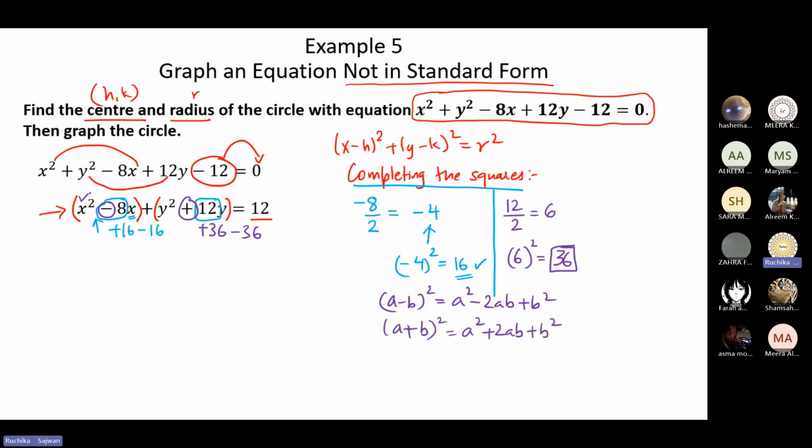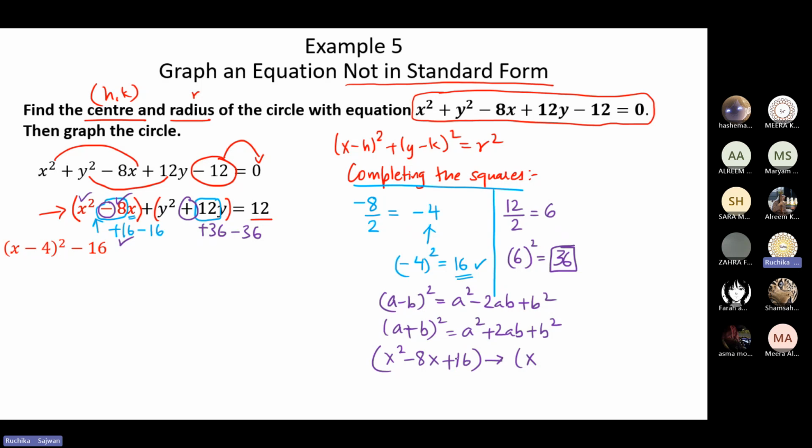So now let's combine x square minus 8x plus 16. So how much is your a and b? Tell me. In this first bracket, I can use x square minus 8x plus 16. I will change this to x, what is the square?